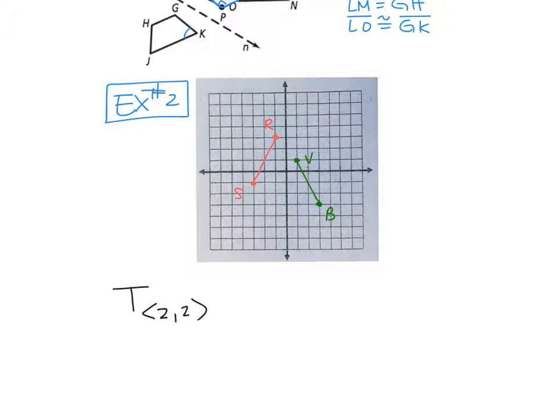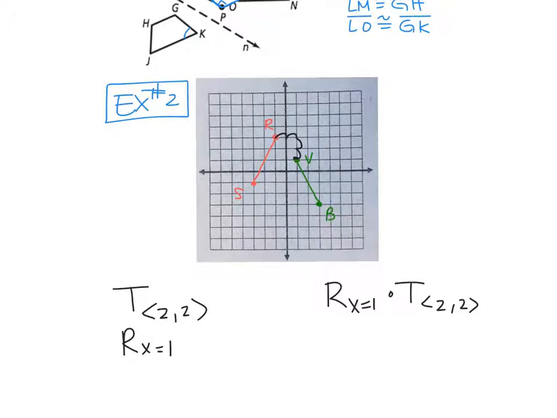Okay, so if we were going to do a translation of 2, -2, what are we reflecting over? X equals 1, right? If you do the 2, -2, you end up at that same place. You're going to reflect over X equals 1. So one option is a reflection over X equals 1 after a translation of 2, -2.